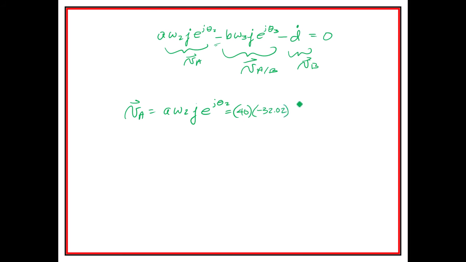And we're going to take the negative sine of theta 2, which we found from a position analysis that was done previously. And then we're going to have plus j cosine of our 95.80, and if we do that, we end up with 40. Whoops, turn the calculator on. It's getting dark in here.